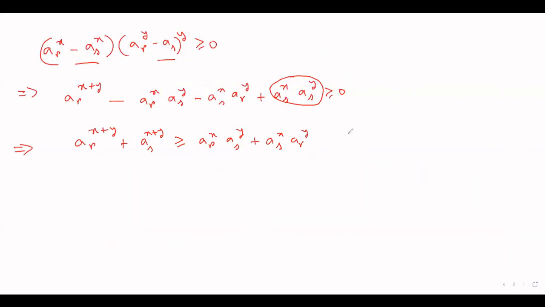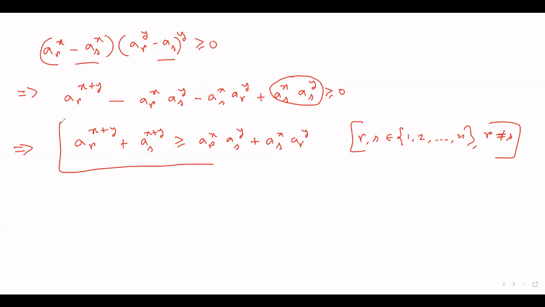Now, since r and s are chosen from this list and r is not equal to s, you can understand that here we do not really have just one inequality. Technically, we have multiple inequalities. For different choices of r and s, we have different inequalities.